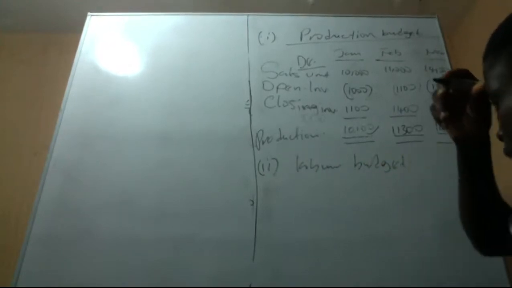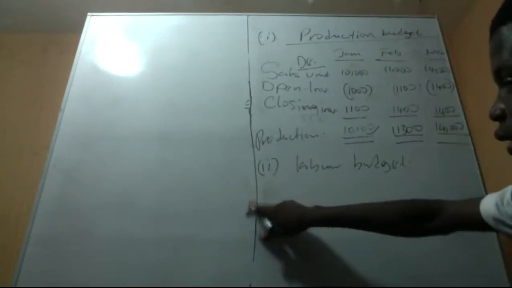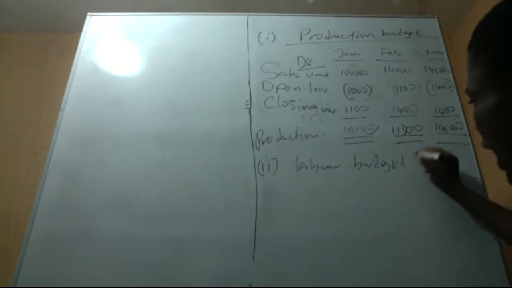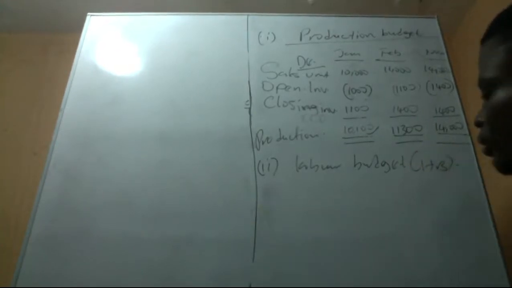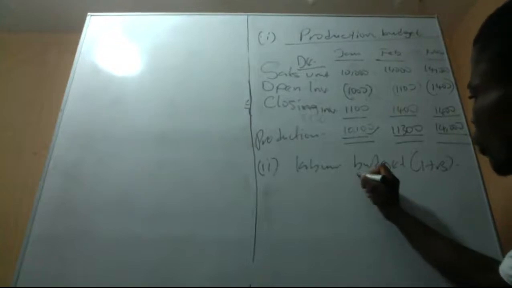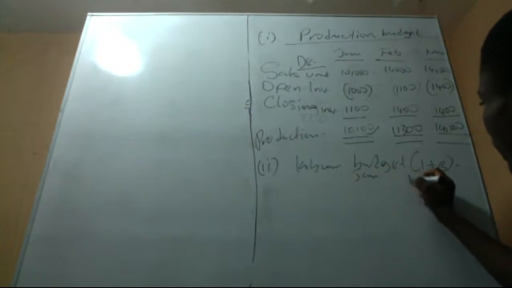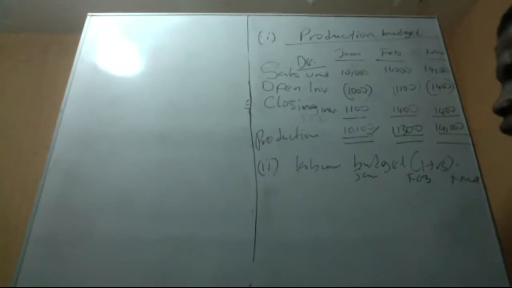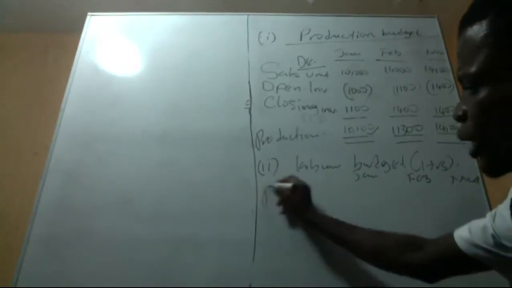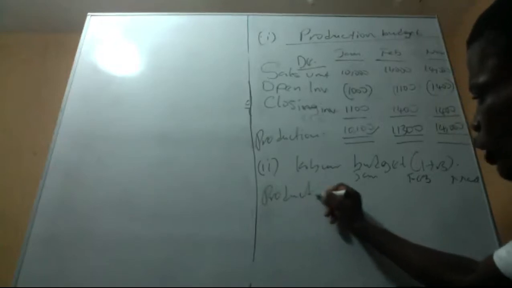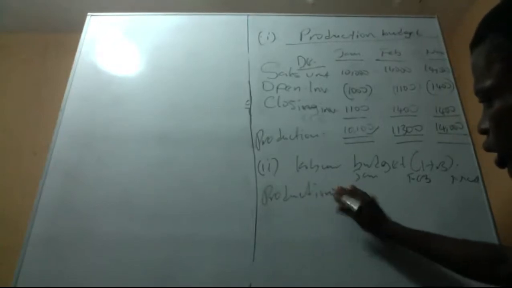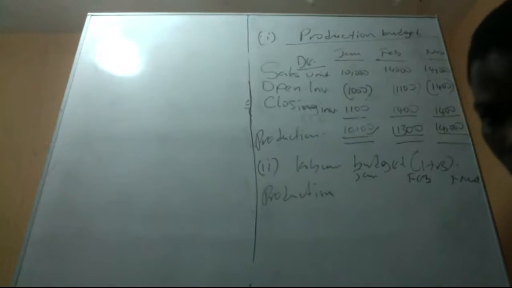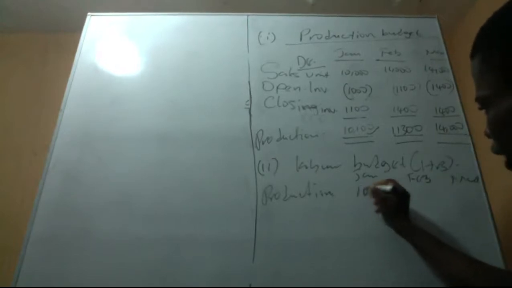I'm starting with the hours first. So I have to bring January here, February here, and finally March. What is the production? How many units do they have to produce? January, they have to produce 10,100.